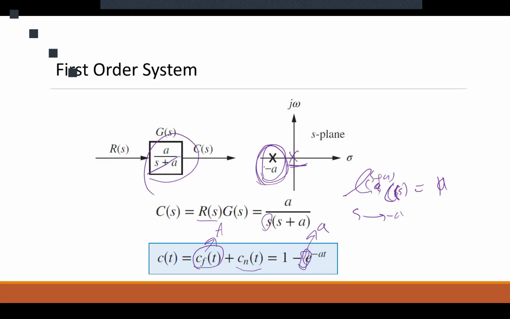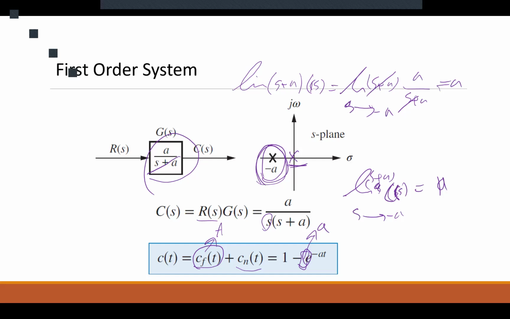For defining the coefficient of pole minus a, we find the limit of s plus a times C(s), which is the limit of s plus a times a over s plus a, when s goes to that pole, minus a. These two cancel each other out. There is no s, so it's always A. Make sense? Are we clear?